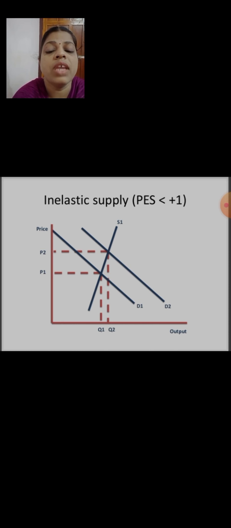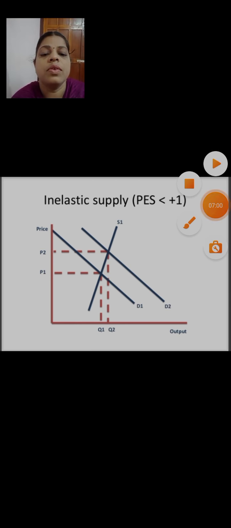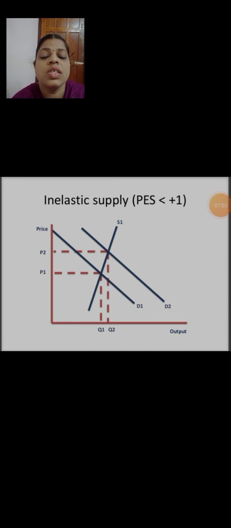Here O is not marked, but the origin O is there. So these are the various price levels and the quantity levels supplied in the market.